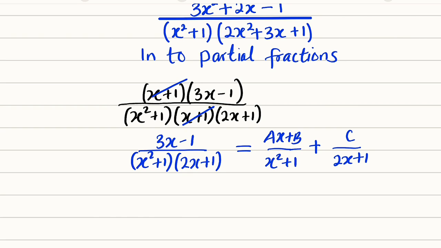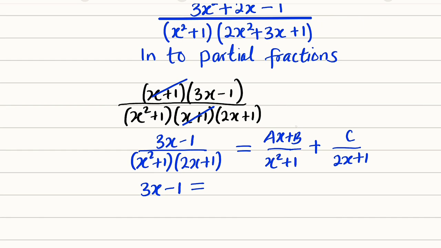Now we are going to multiply each term by these two factors in order to clear the fractions. Multiplying the left hand side by these two factors, we will be left with only the numerator, which is 3x minus 1.